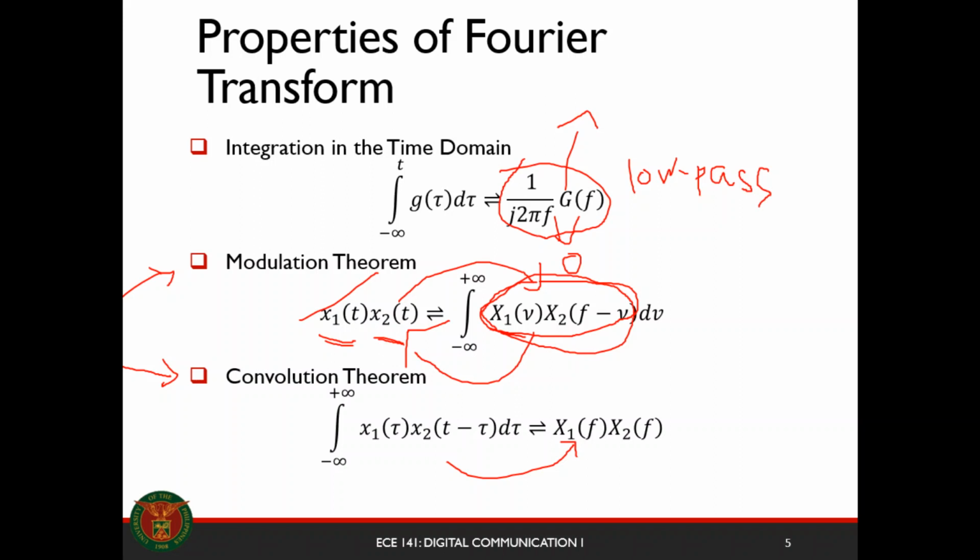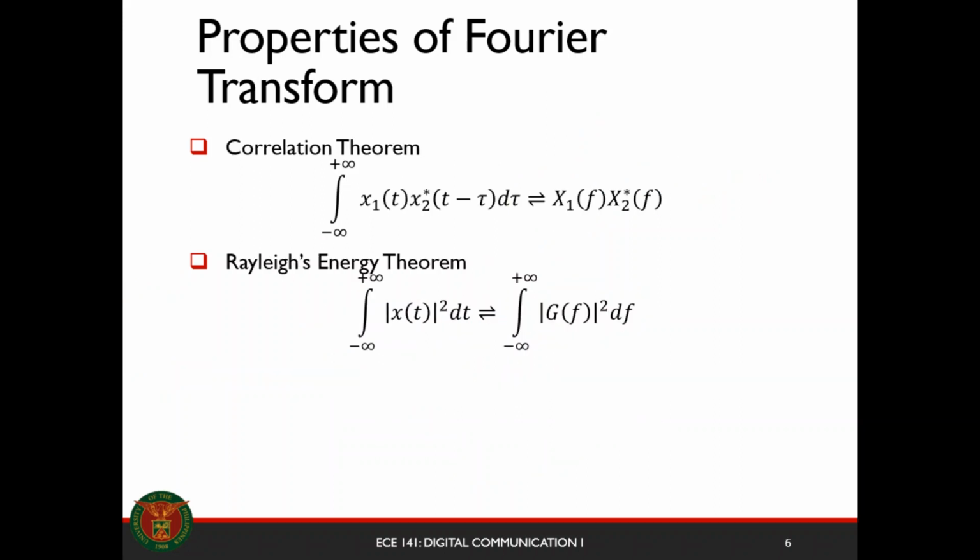I apologize for that. The correlation theorem is that if we get the cross-correlation of two signals, x1 of t and x2 of t, their frequency domains will just multiply, but for the other one, we get the conjugate. Okay.